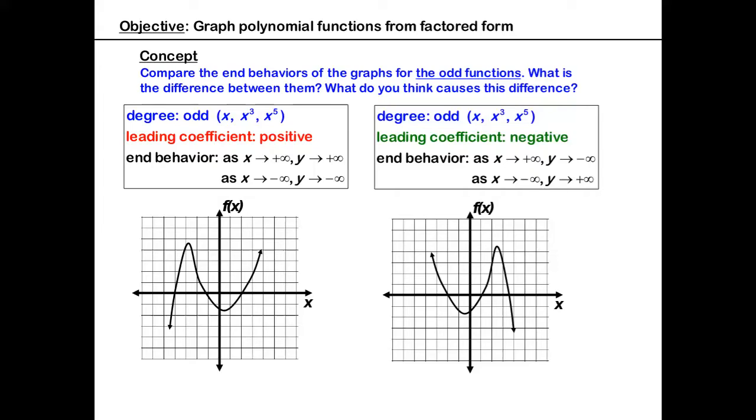Likewise with the second one, start at the top on the left side, and then cross, cross, cross, and end at the bottom on the right side. Just draw a quick sketch. It doesn't have to match exactly like what I have up here. Just draw a quick sketch on your notes.